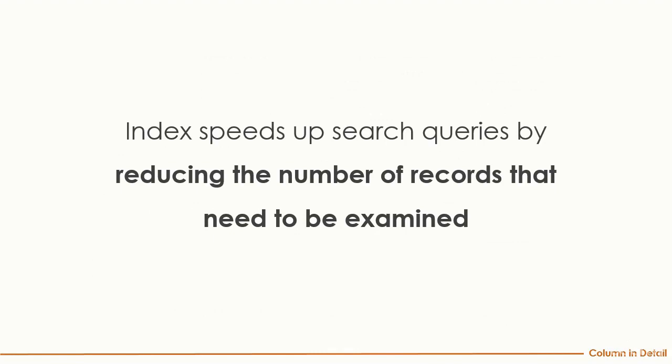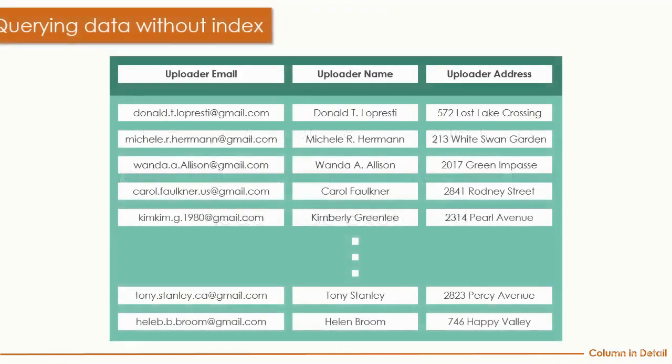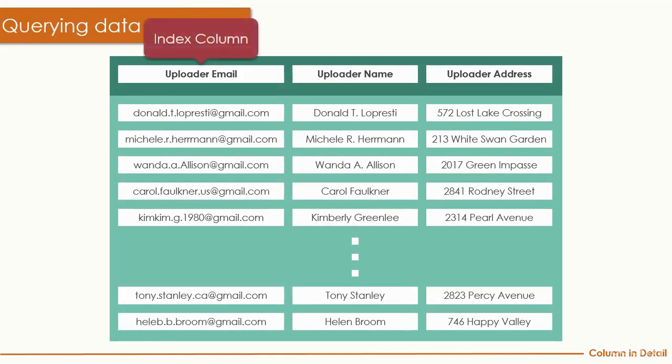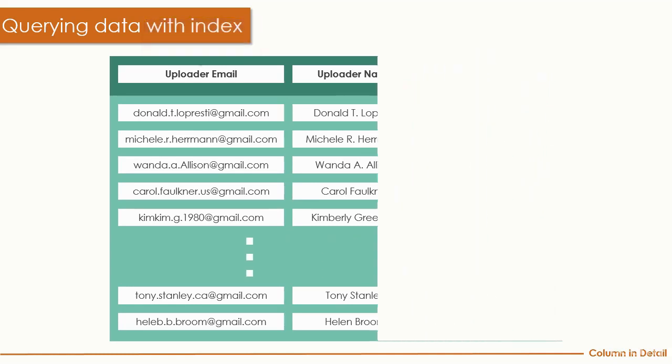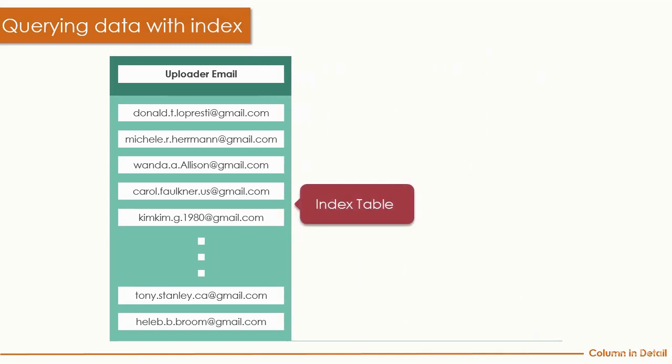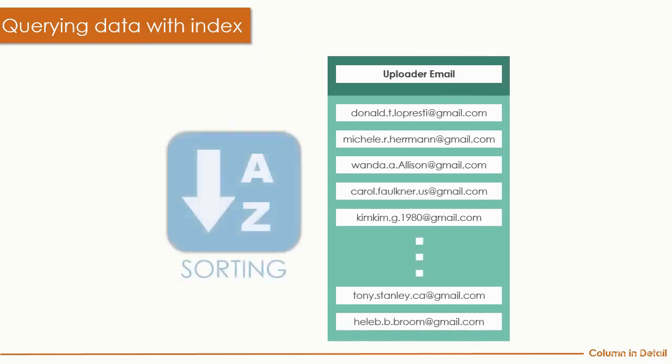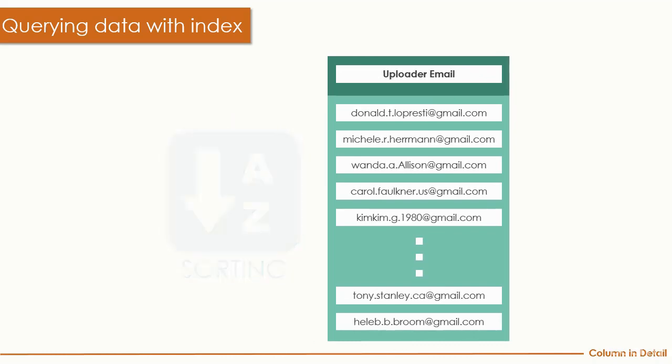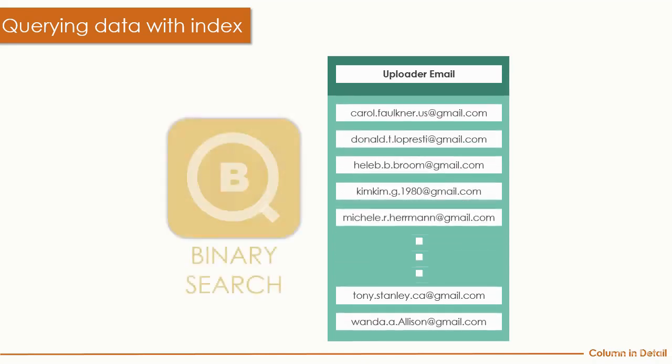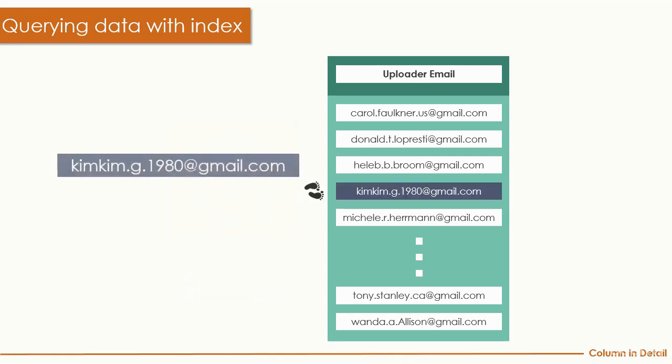Let's take an example using a binary search index. With the same data set, we set the uploader email address as the index column. Then we will have an index table to store these values, and the index table will be sorted using a different algorithm. Let's say for the simple one, we sort in alphabetical order from A to Z. Then when you want to search for a specific email address, we don't need to search from beginning to end.